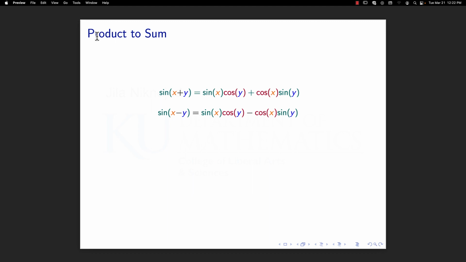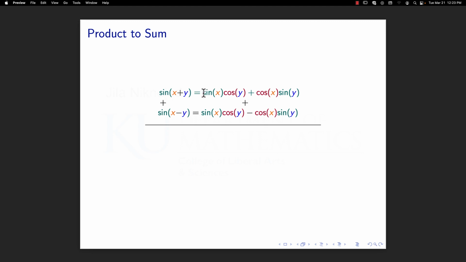The plan is to add the left-hand sides of the two identities and set it equal to the sum of the right-hand sides of the two identities.